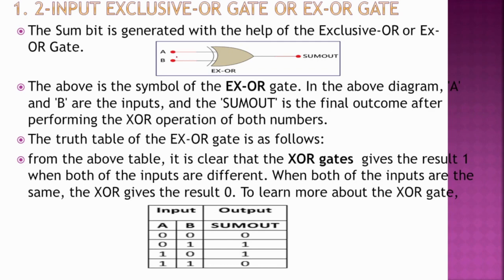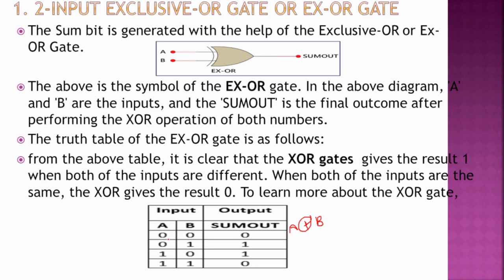It has two inputs A and B, and the output will be A exclusive OR B. In my fundamentals of logic gates video, I have explained about the XOR gate function.